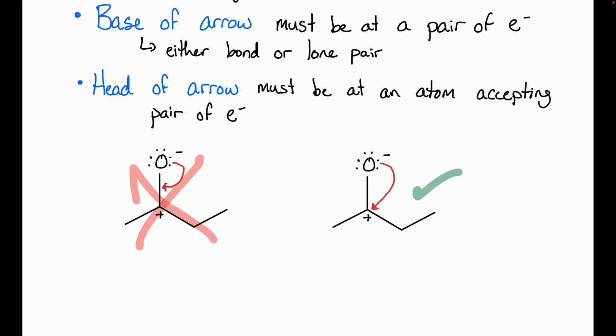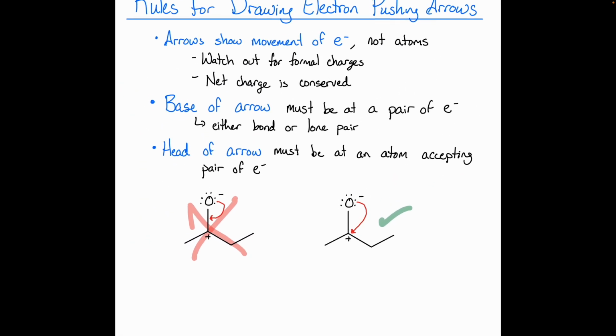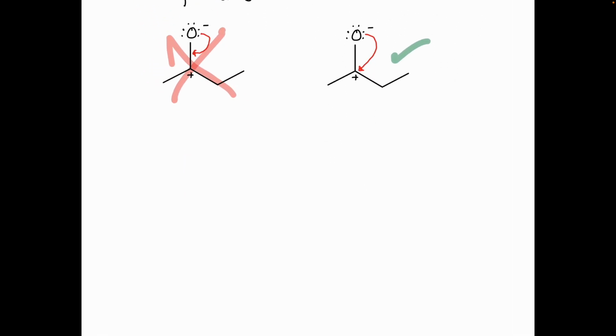Okay, when you're doing your electron pushing arrows, make sure that you're not clicking on bonds, but you're clicking on atoms when drawing those arrows. All right, so we have our rules for drawing our electron pushing arrows.